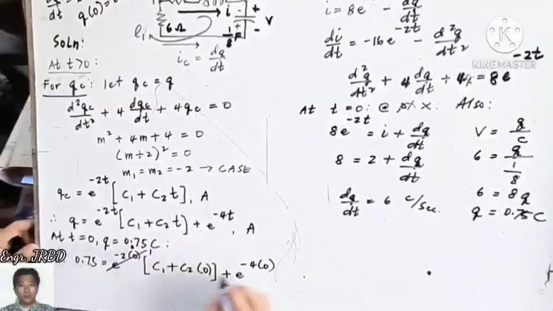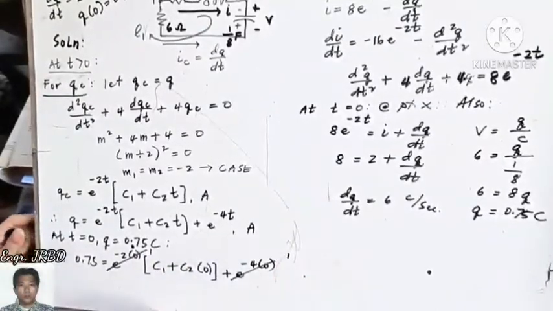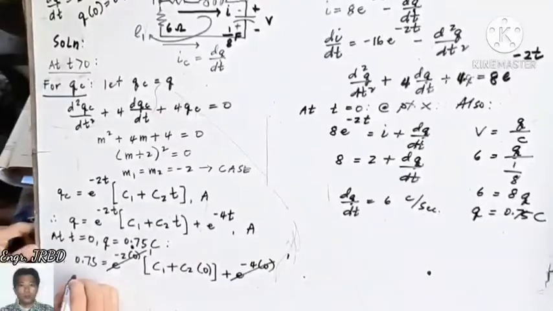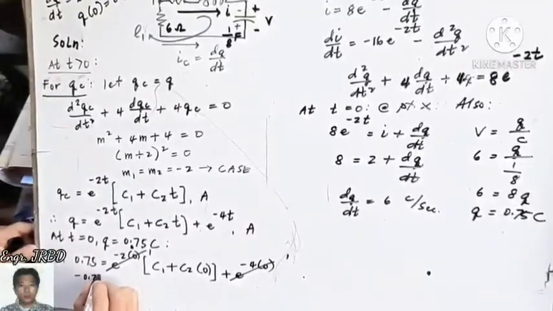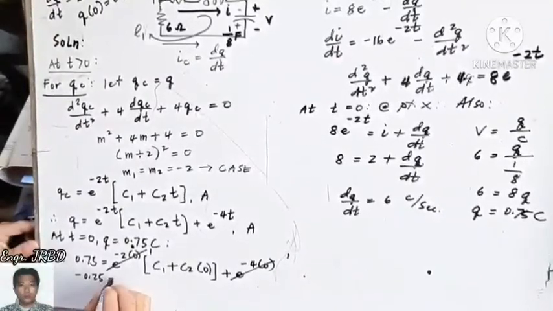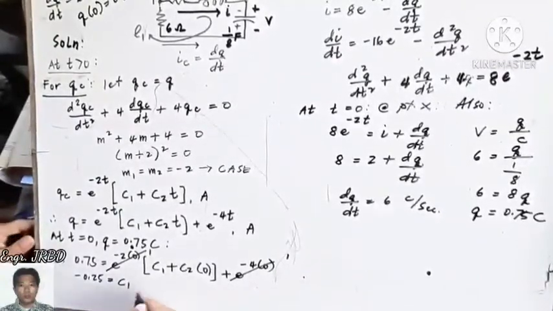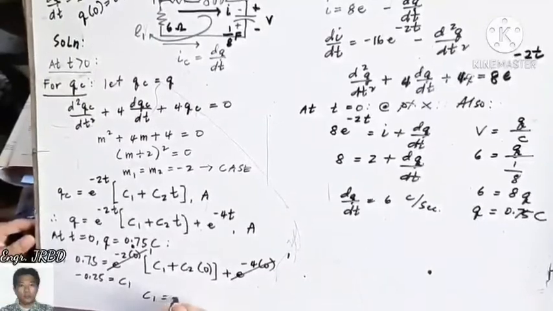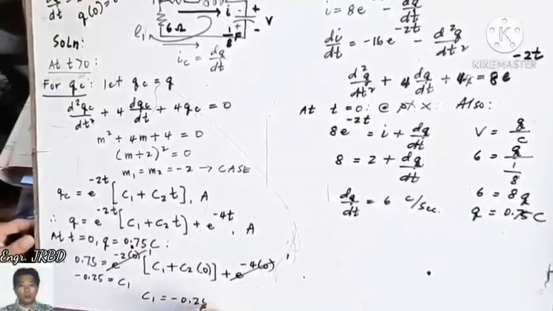This is 1. This is also 1. So this is negative 0.25, equivalent to C1. So therefore, C1 is negative 0.25.